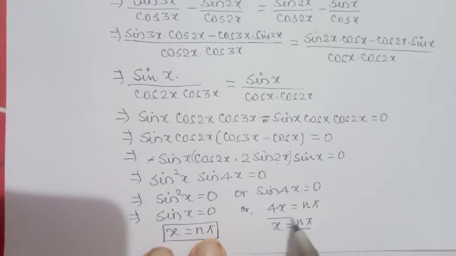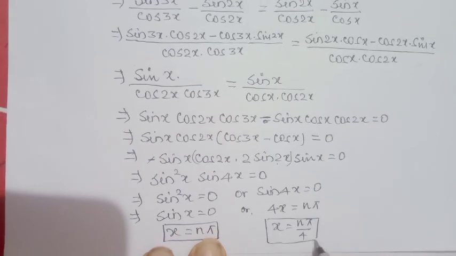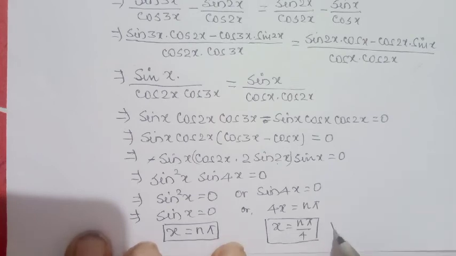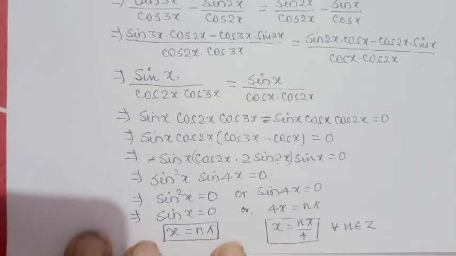This is another general solution. So x is equal to n pi and x is equal to n pi by 4 for all n belonging to Z.